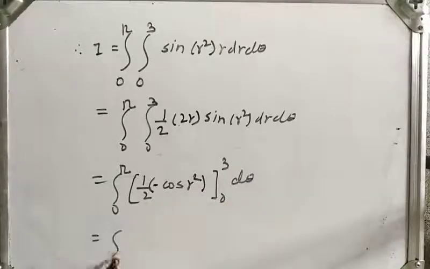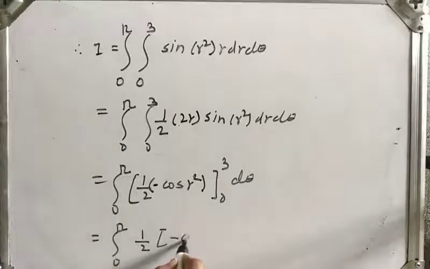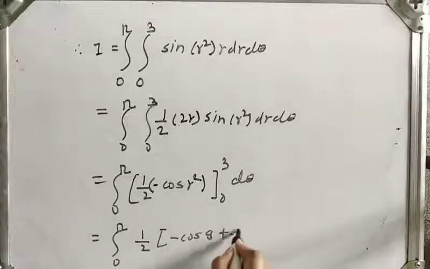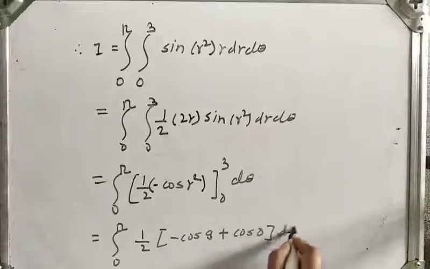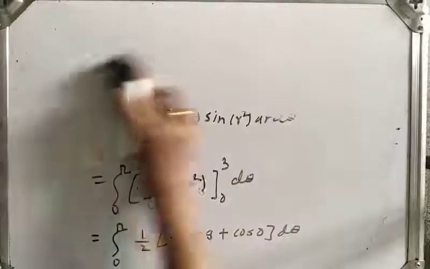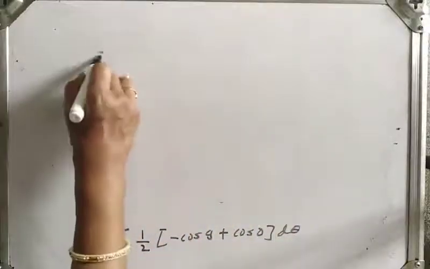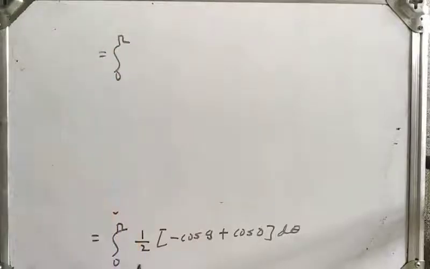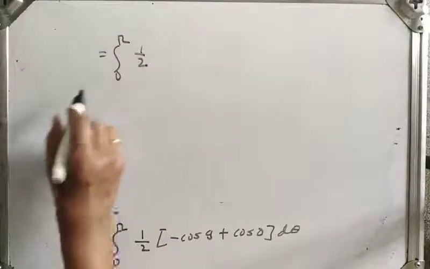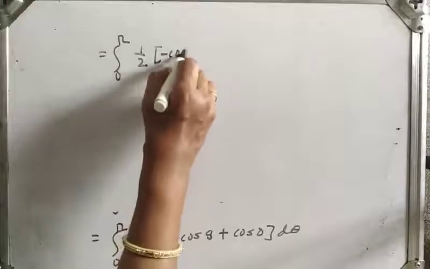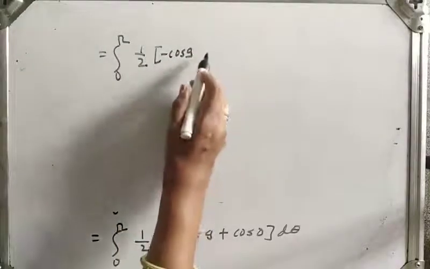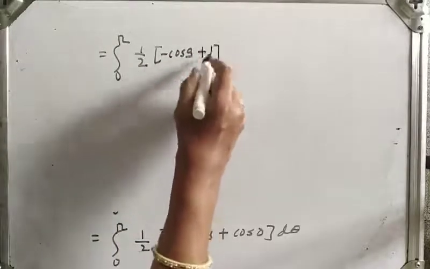Let us apply the limit 0 to pi. Okay, 1/2 minus cos 9 plus cos 0, d theta, which is equal to the integral from 0 to pi of 1/2 (1 minus cos 9) d theta, since cos 0 is 1.